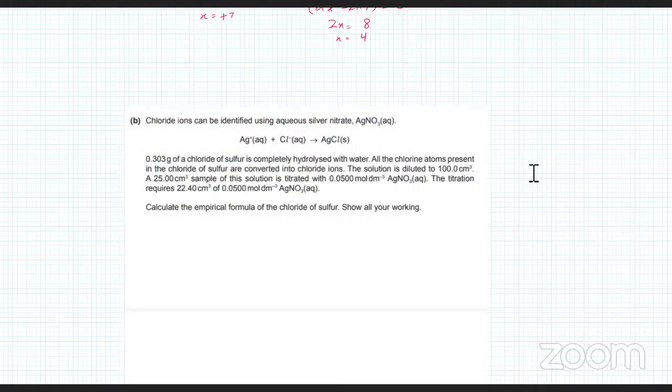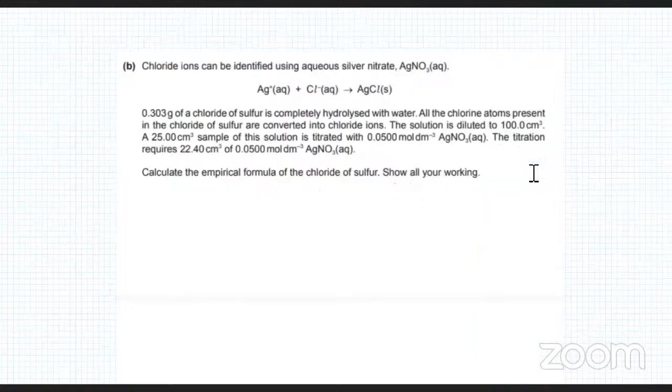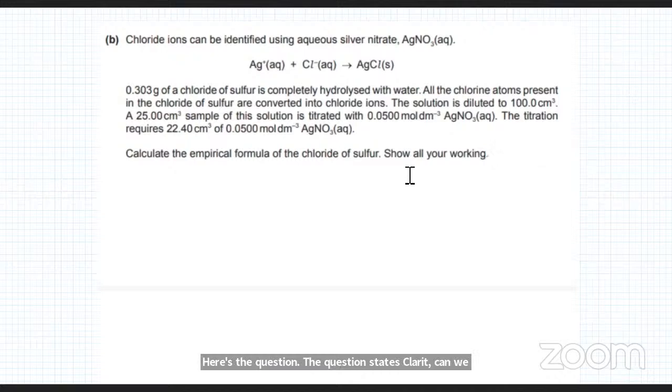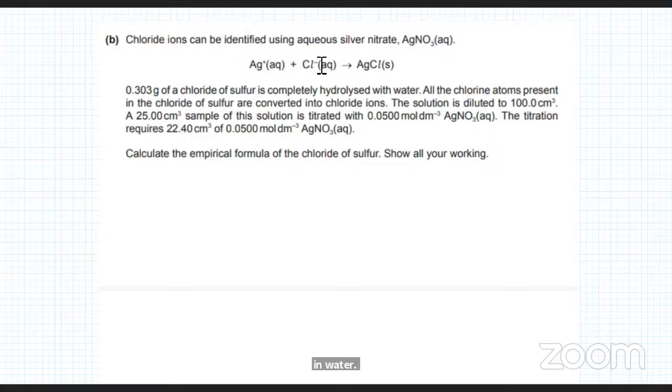The question states chloride can be identified using aqueous silver nitrate, and 0.303 grams of a chloride of sulfur is completely hydrolyzed in water. Which paper number is this?